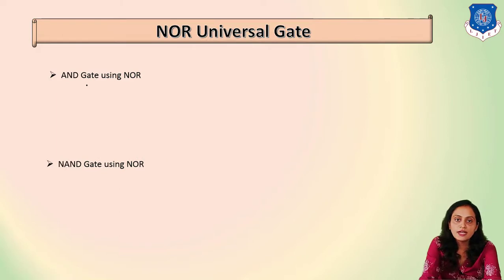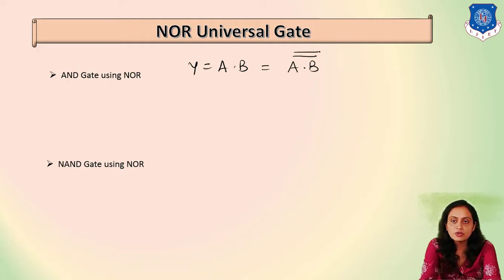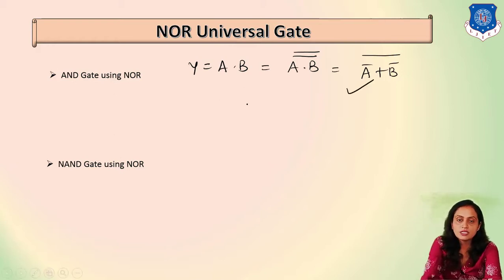Now we will see the AND gate using the NOR gate. For that we will write the equation y is equal to A dot B, and again over here we want NOR operation, that means plus and inverse. So we will just put A dot B 2 times inverse, and we'll use De Morgan's theorem for this, and that is A bar plus B bar whole bar, and we are going to design the circuit based on this.